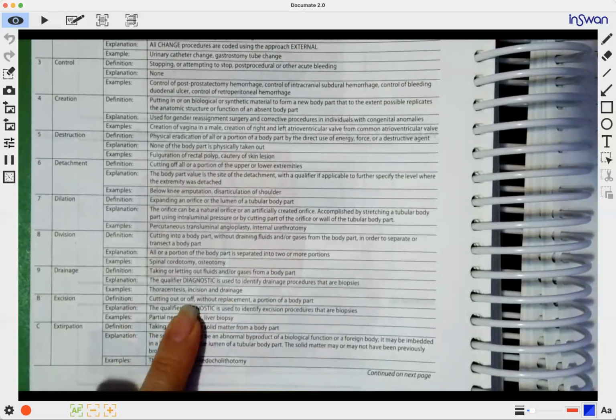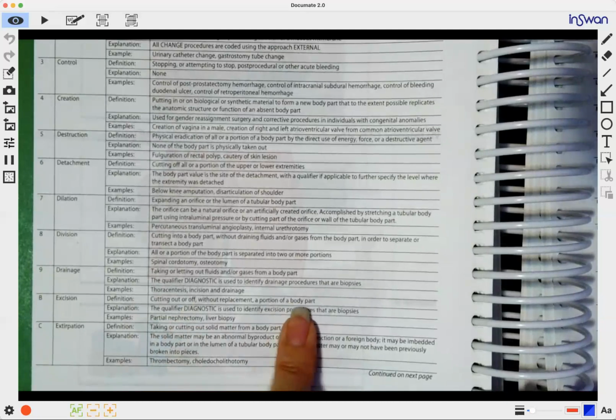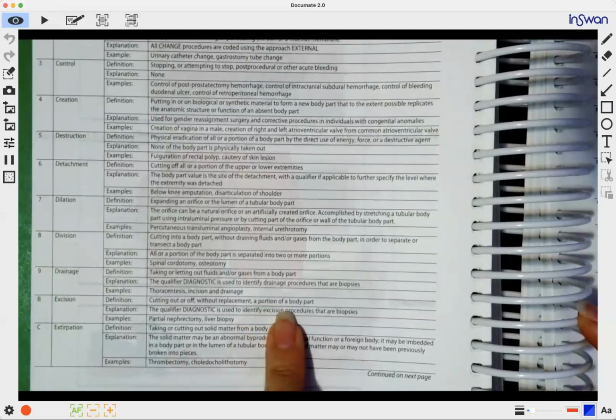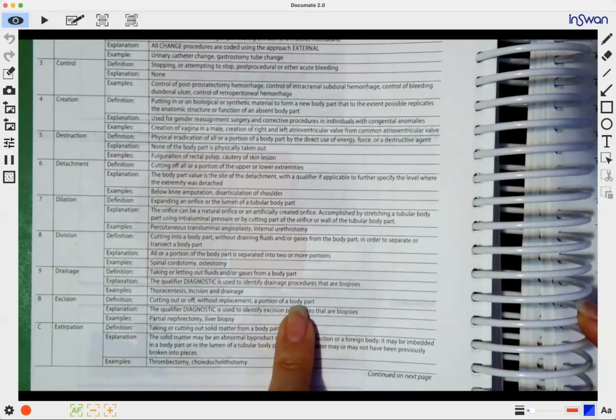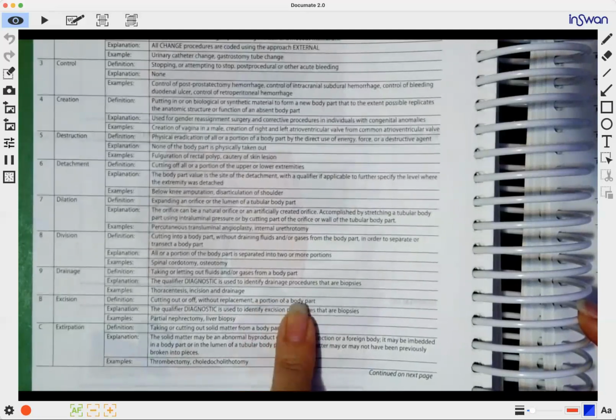And one caveat that I want to make here is when we talk about a body part, we're not talking about the body parts as you learned the major body parts in your anatomy class. What we're talking about here is if the body part has its own body part value in PCS and whether they took all of that versus some of that.